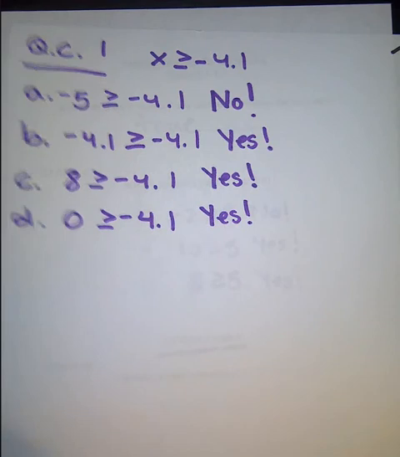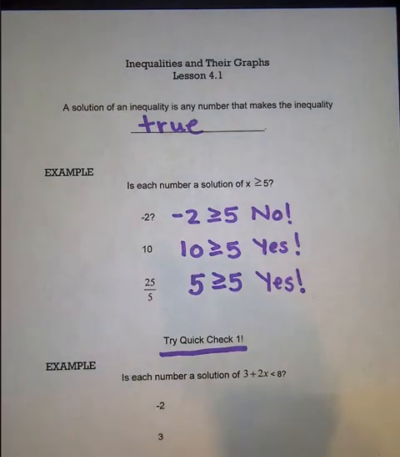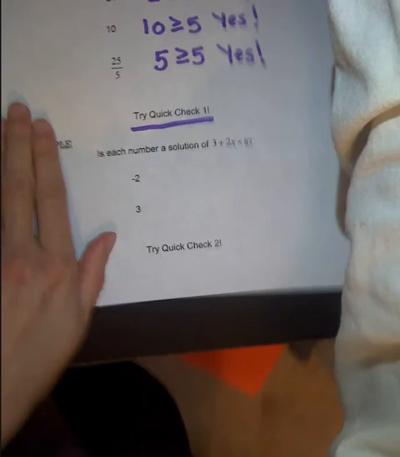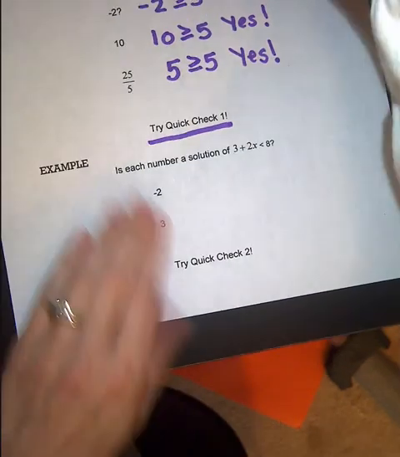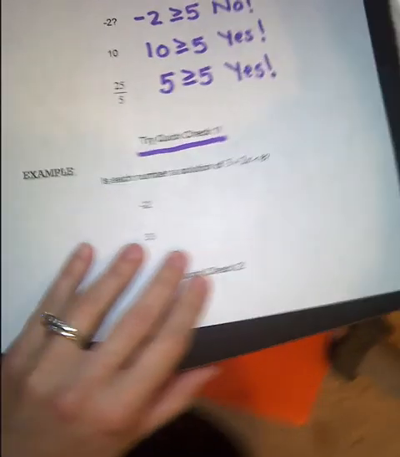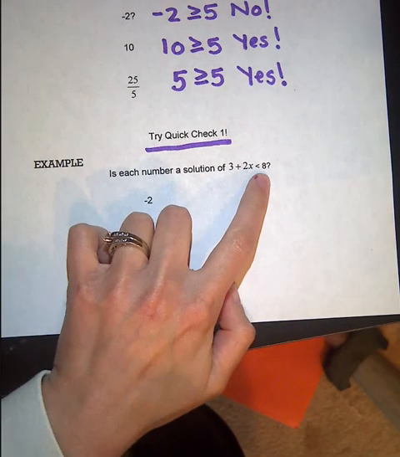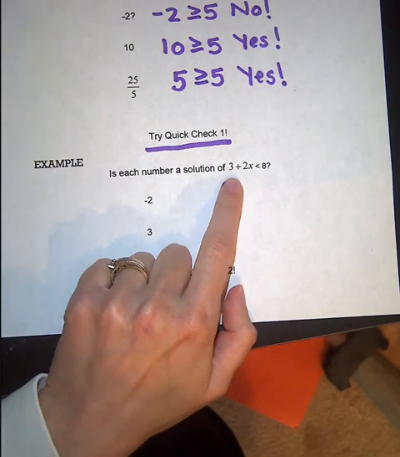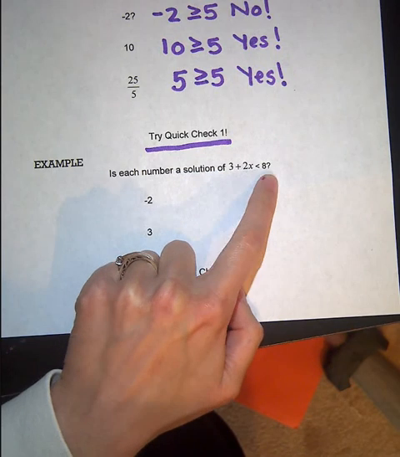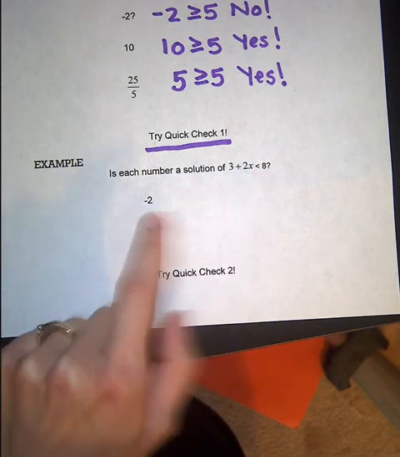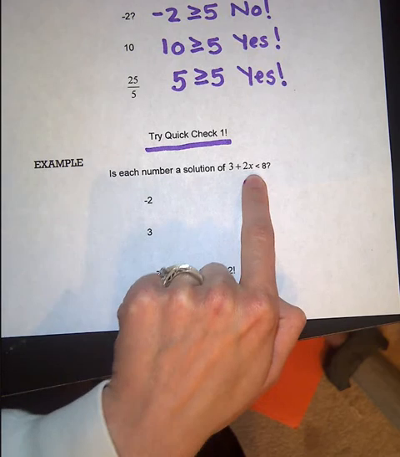Okay, so let's move on to our next section here. We've got, down here, is each number a solution of 3 plus 2x is less than 8? This is not just one number here. We've got a whole inequality, and we need to plug -2 in for x to see, is it actually a solution?